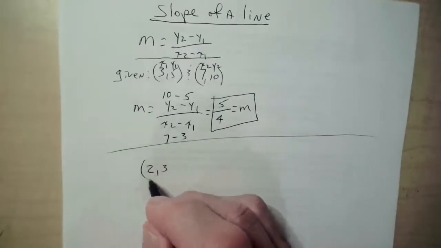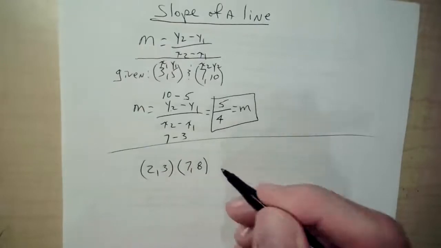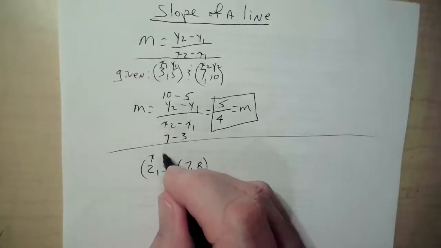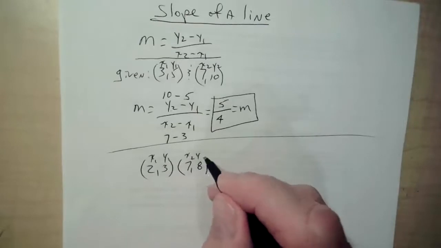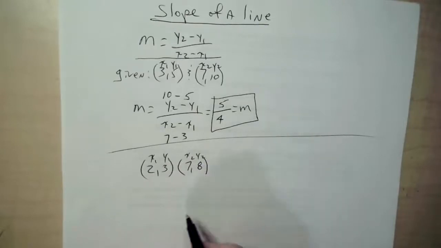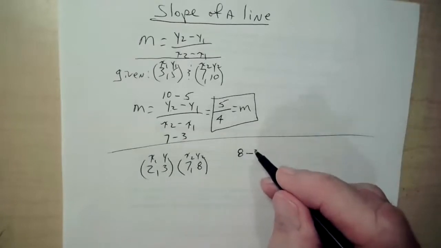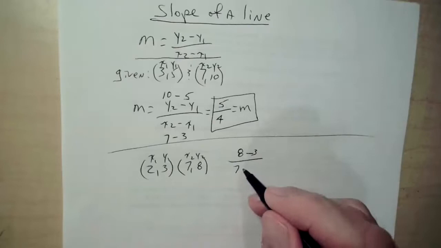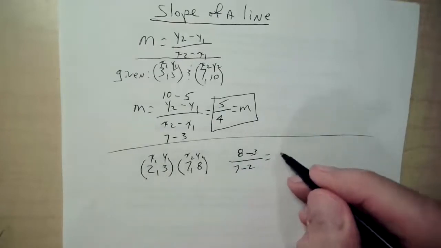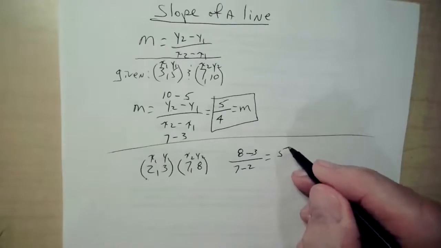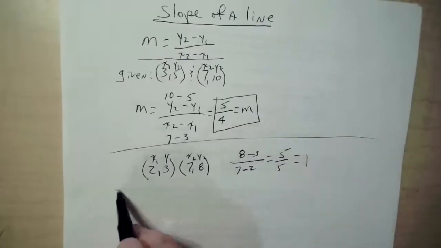If you have 2, 3 and 7, 8. xy, xy, x1, y1, x2, y2. y2, which is 8, minus 3 over 7 minus 2, x2 and x1. So that's, what is that, 5? Over 5, which is slope of 1.